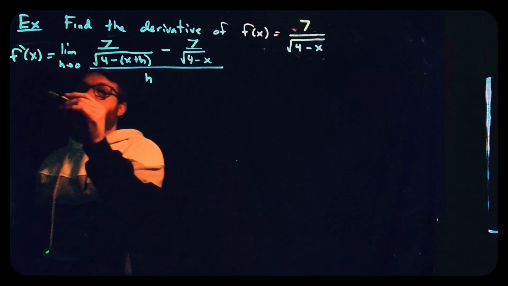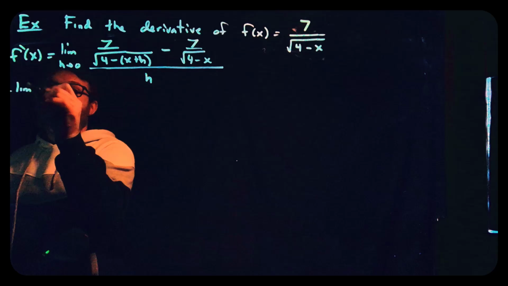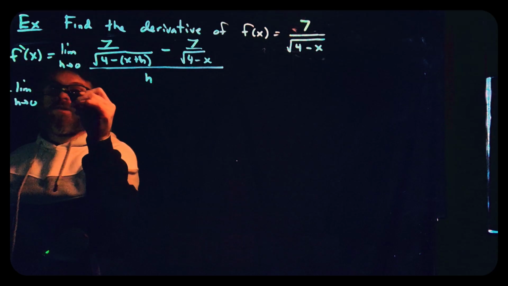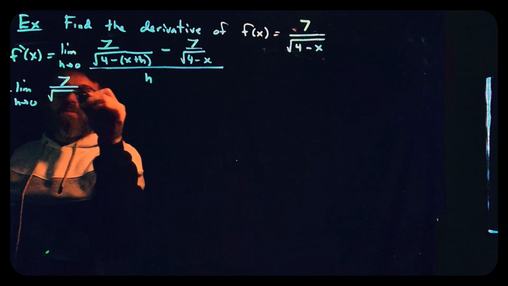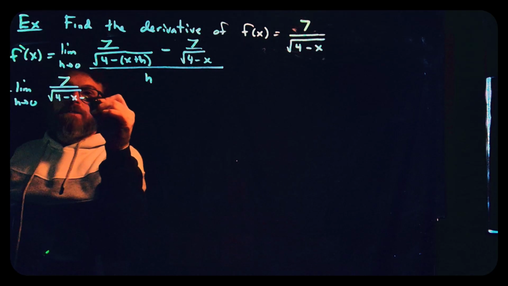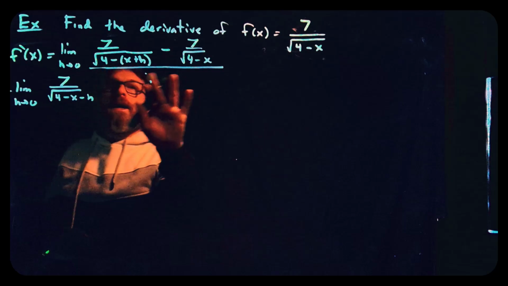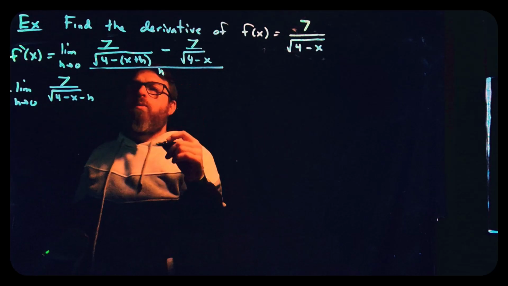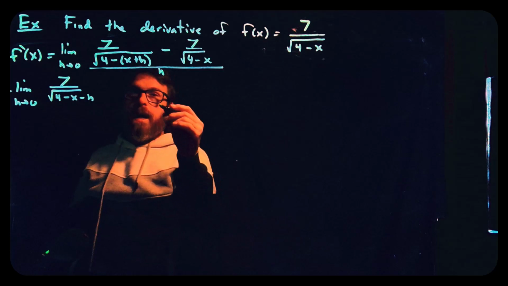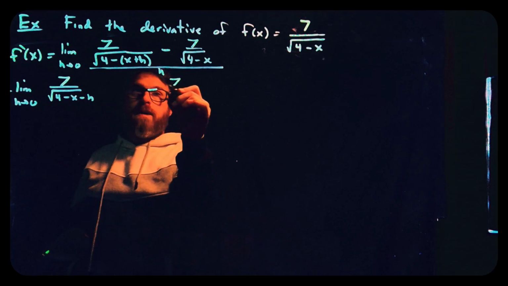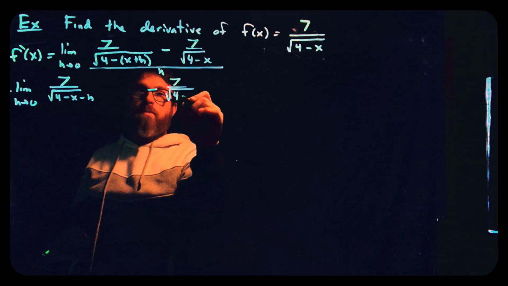So, simplifying, this is going to be equal to the limit as h approaches 0. We're not really simplifying much, but my goal is let's rewrite this denominator as the square root of 4 minus x minus h. And what I'm going to have to do is subtract these two ratios up top, so I'm still going to have minus 7 over the square root of 4 minus x.